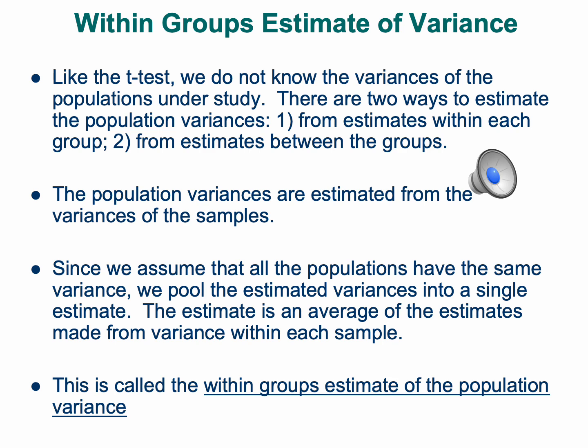Well, how do we estimate variance in analysis of variance, or in t-tests, the same kind of contrasting? Well, first of all, we don't know the variances of the populations under study, and we're going to need to go sample them. So we don't know what the variance is, just like we didn't know in t-tests. And we're going to go sample the populations and estimate from samples.